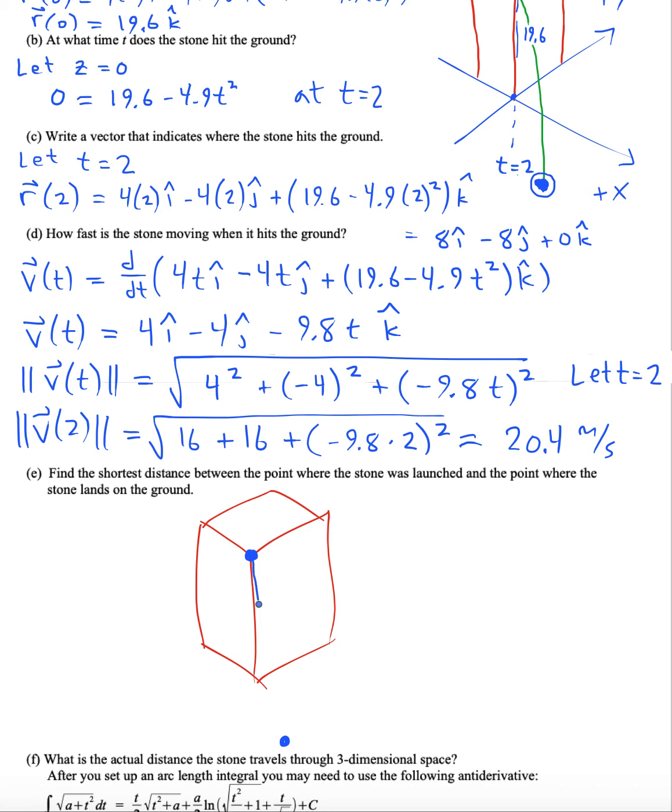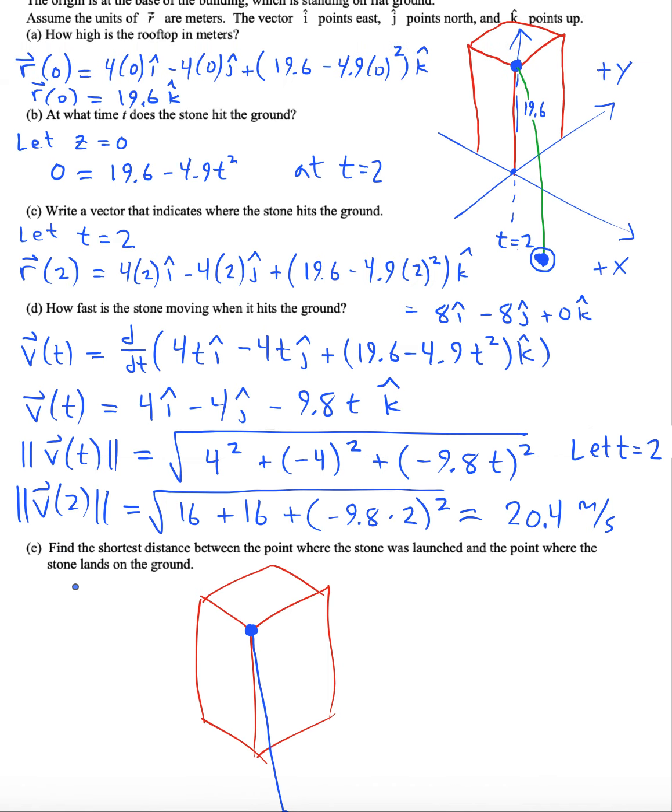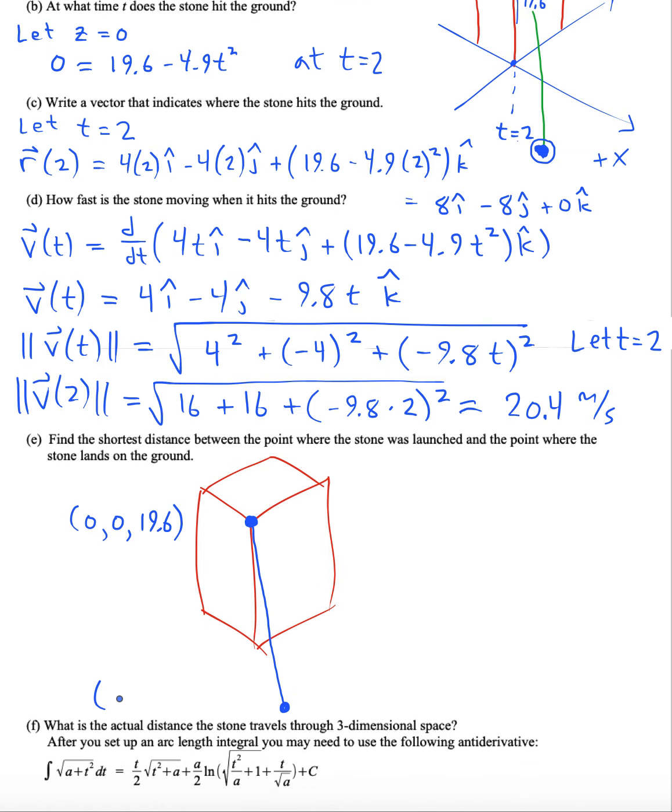We want a straight line being the shortest distance between those points. But what are the coordinates of those points? Well, our initial point, according to the work that we had done earlier, is going to be 0, 0, 19.6. And our final point will be 8, negative 8, 0.